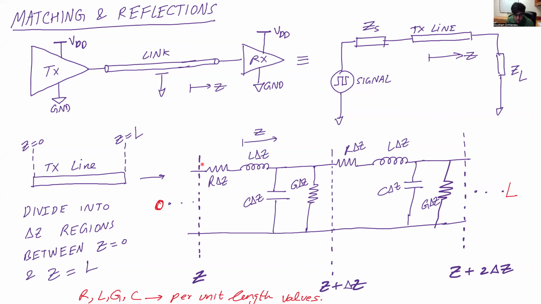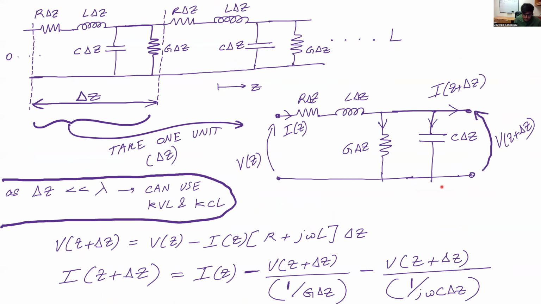Here I've shown one particular differential section of this transmission line, where you can see a bunch of lumped elements, RLGC. This is one lumped differential element, and this is an adjacent lumped differential element.